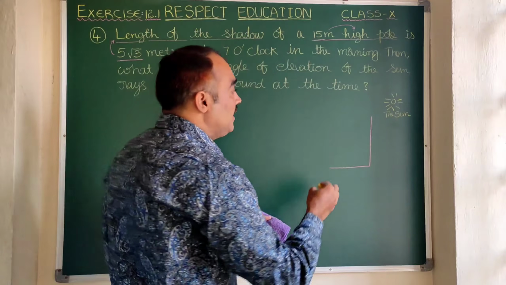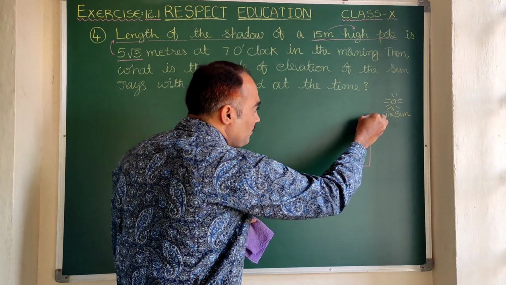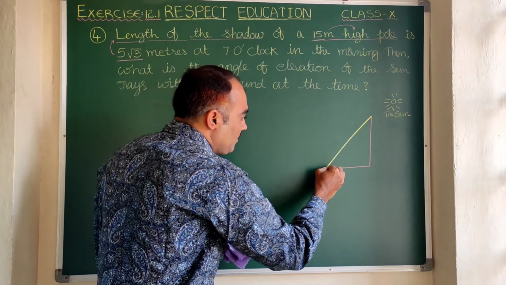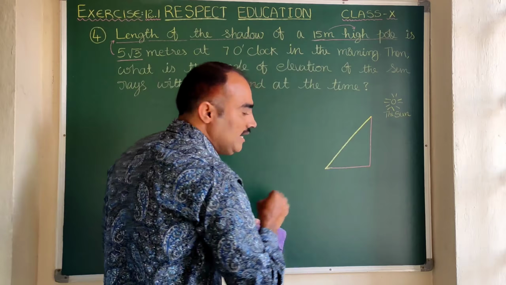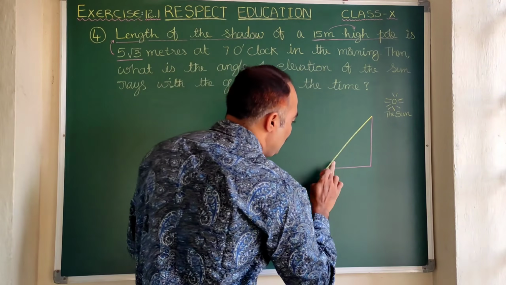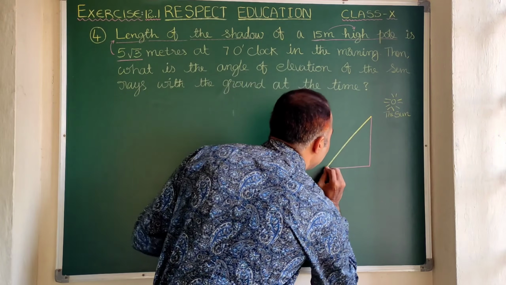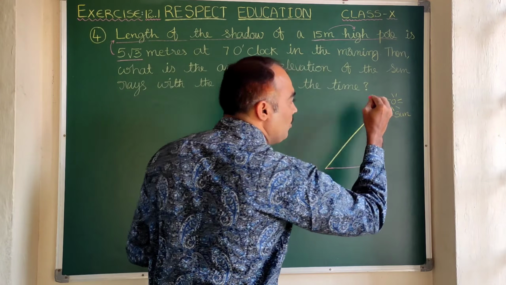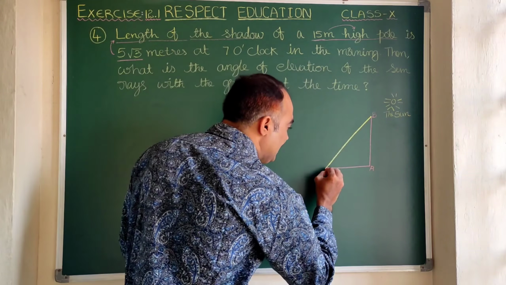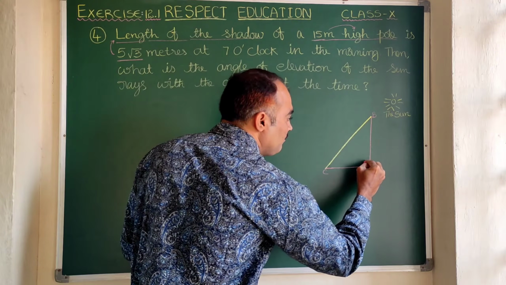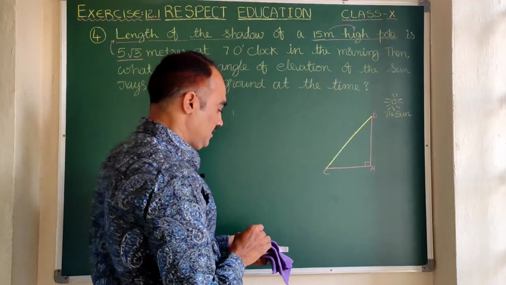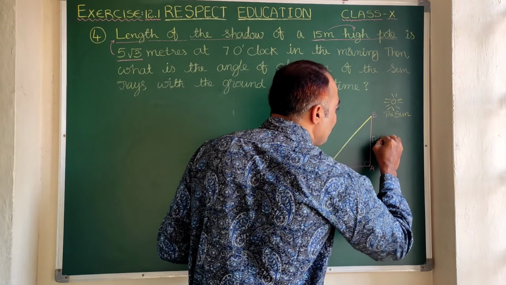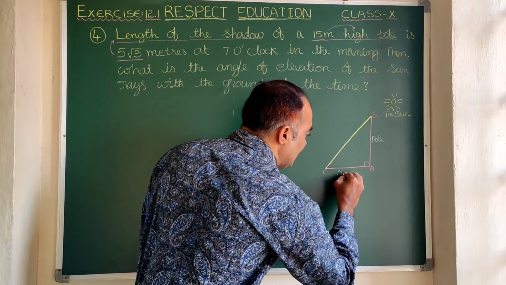So definitely its shadow will fall on the earth. So here you understand that if AB is the pole, then AC is the shadow. Clear? So here I am writing, AB is the pole and AC is the shadow.